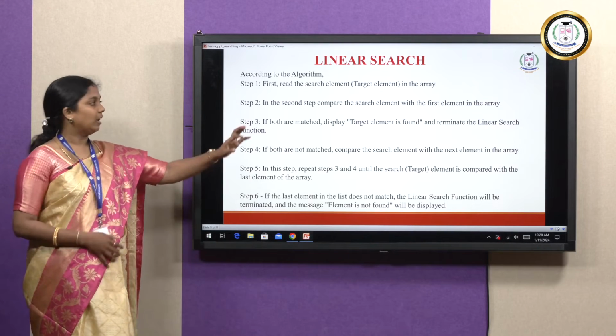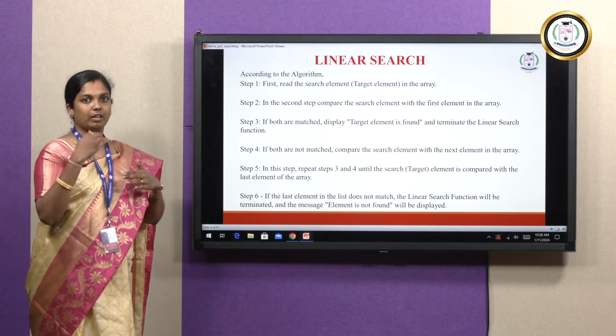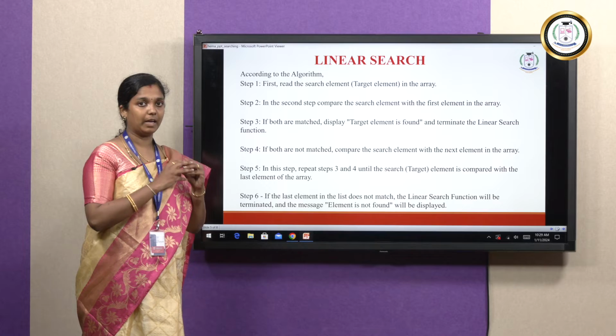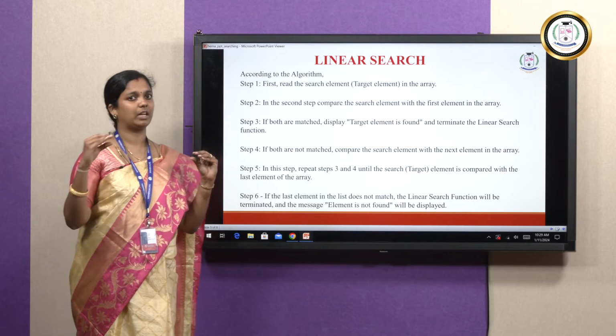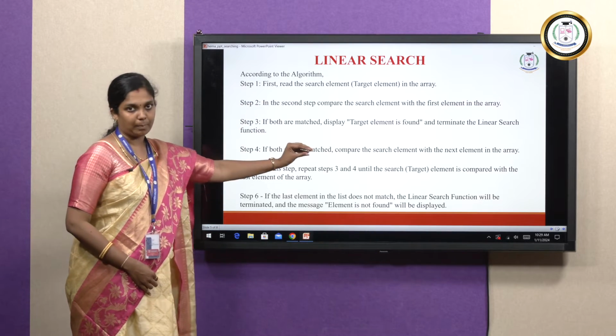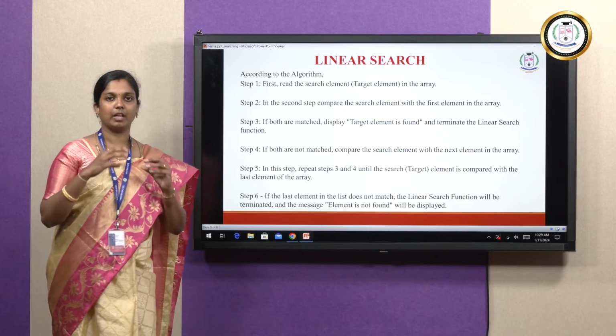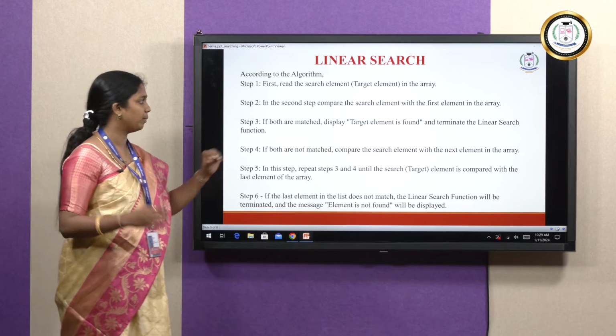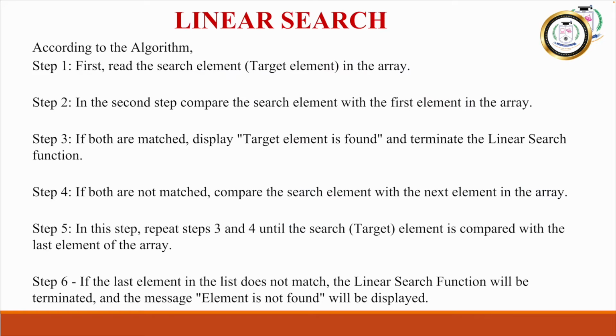Now let's see the step-by-step process. Step 1: read the search element or target element. In step 2, compare the first element in the array with the target element. If they match, the element is found and we return the index value or position of that element. If they do not match, we compare the search element with the next element in the array.